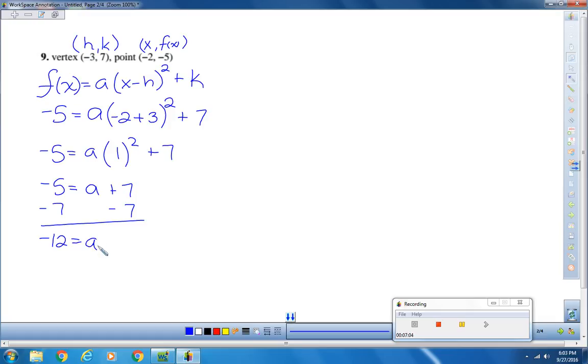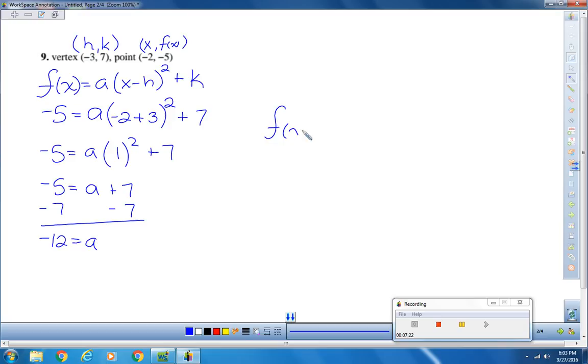Now that I have a, I'm going to substitute it back into this equation with just h and k. So just h, k, and a go back in. F of x and x can vary, and that's why we have so many different points on the line. So here's my final step.